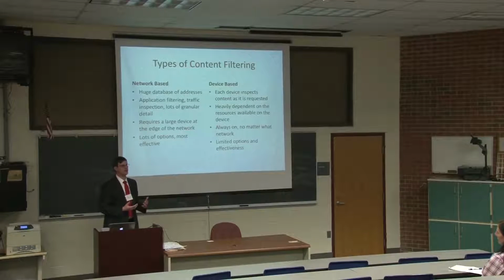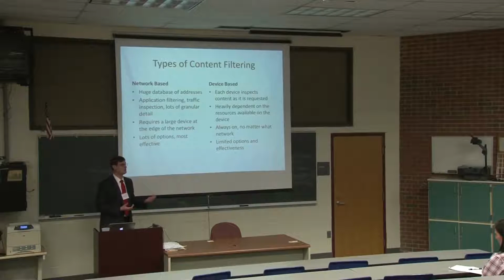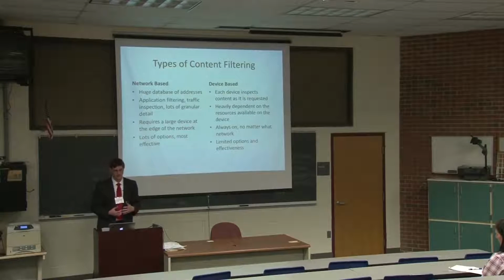When you filter on the network, you're putting in a big giant server. It sits there, watches all the traffic go out, and makes decisions about whether or not to block that traffic. This box has a huge database of pretty much everything on the internet. So just about every URL you can think of is classified against categories that we can then make decisions on whether we want to block or allow it.